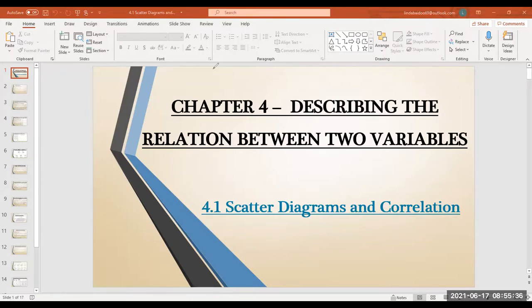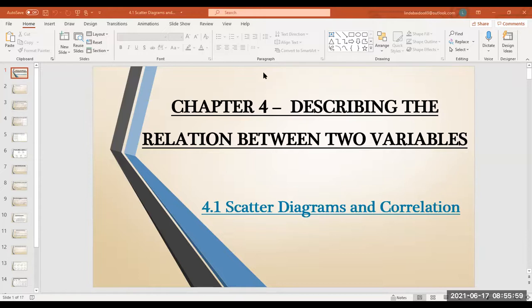Now let's look at chapter 4. Descriptive statistics. We are describing, even if it already says describing. So we are going to describe the relation between two variables. In this case, we are not looking at just one variable, we are looking at two variables. So if you are asked to describe the relation, how are you going to describe it?